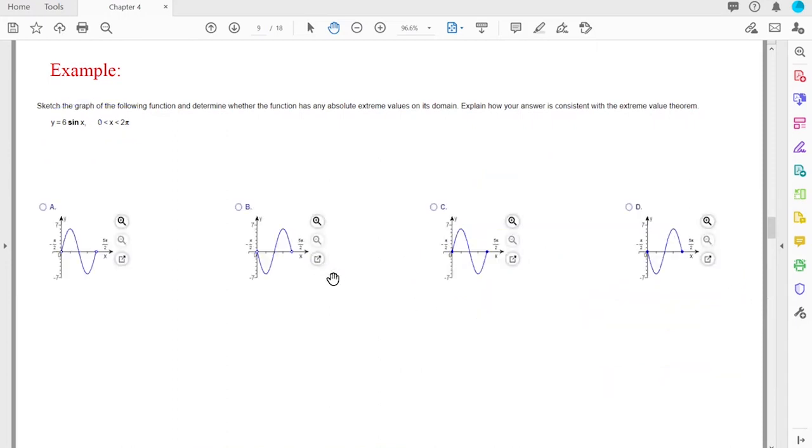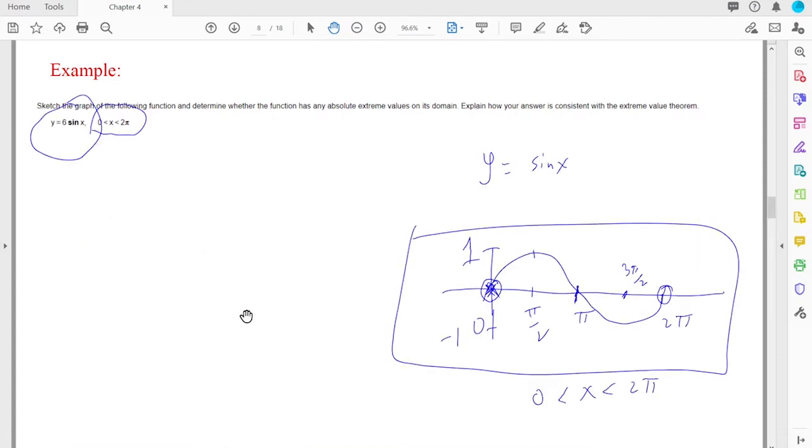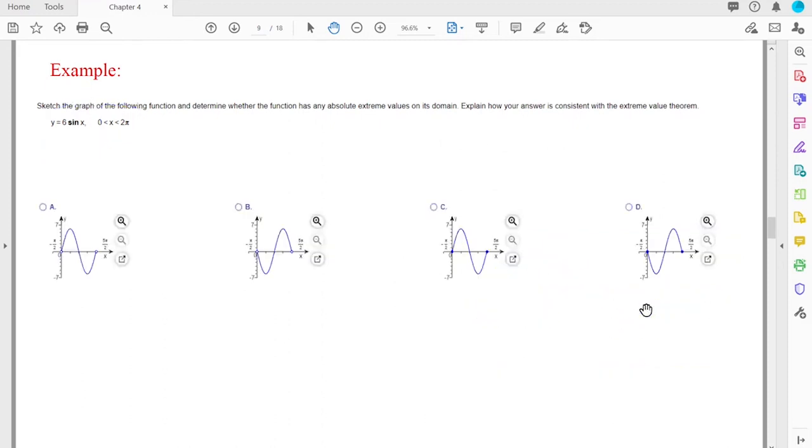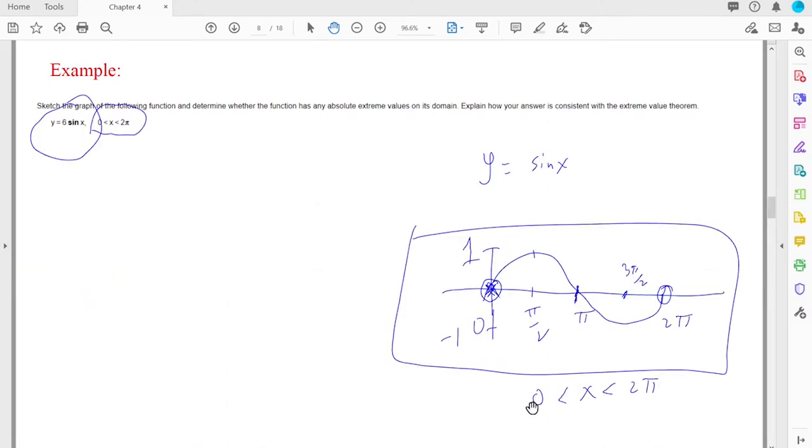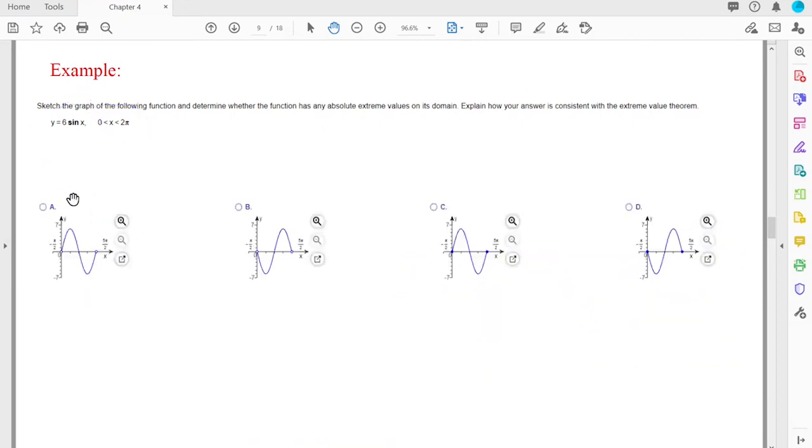Now these are the options we have for the graph of y equals 6 sine x, and we already know that at endpoints 0 and 2 pi there is no value, so there should be a hole. So find the graph which has a hole at 0 and 2 pi. These are the two graphs where you see the hole at 0 and 2 pi, but the graph should first go up. So as you can see, this is the right graph.